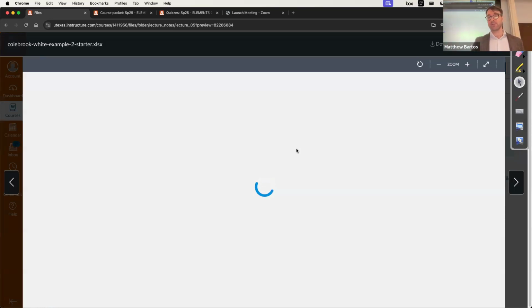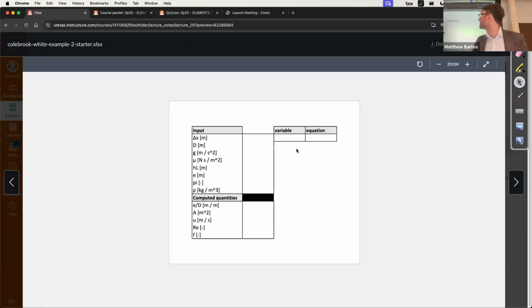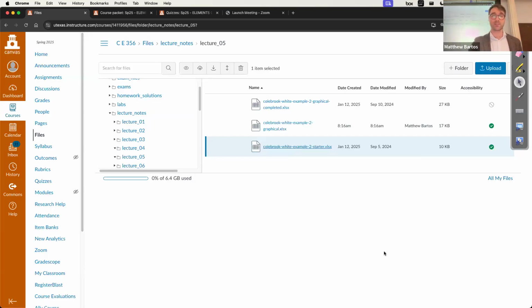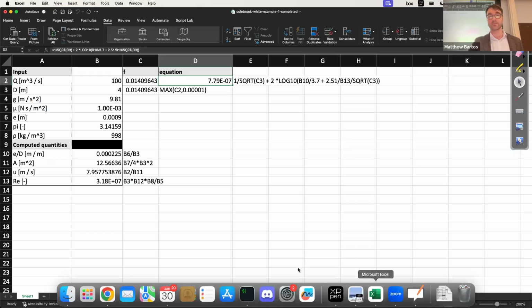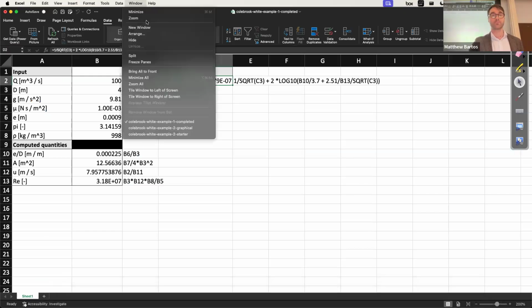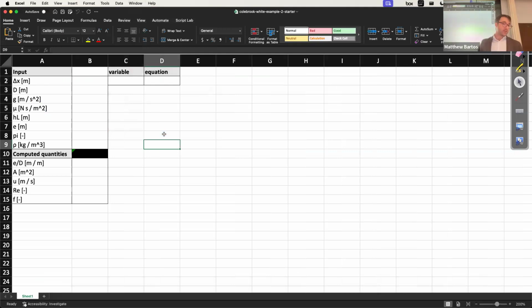And it will look something like this. So go ahead and download that Excel spreadsheet. It's going to be similar to the one we had before, but a little bit different. All right, so I have the sheet pulled up here. Let's go ahead and fill in each of these cells together.